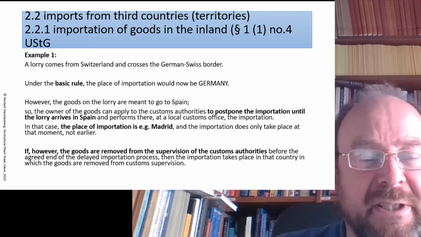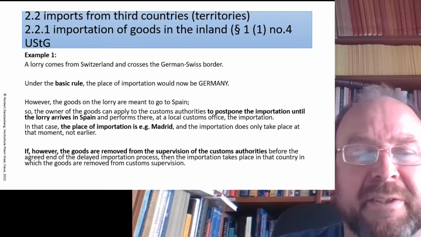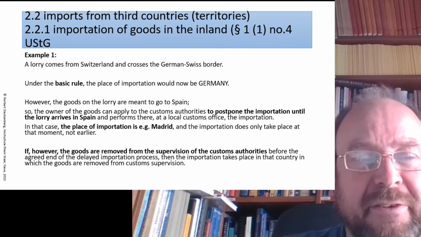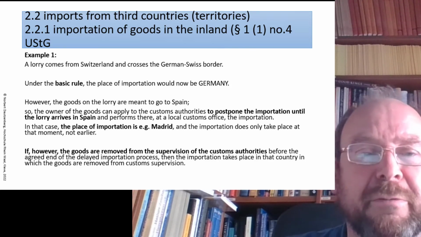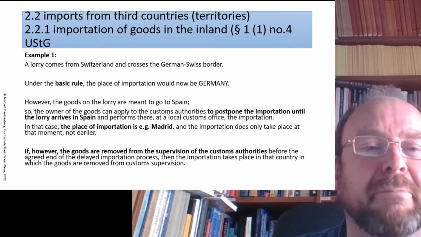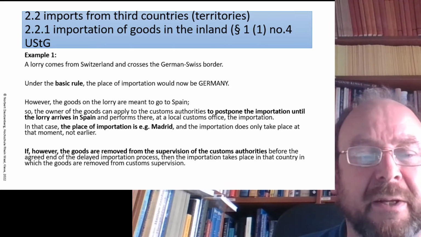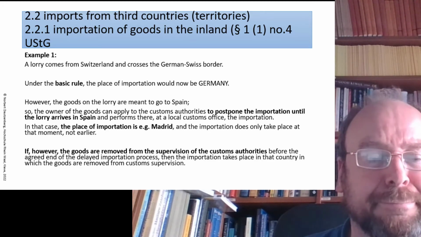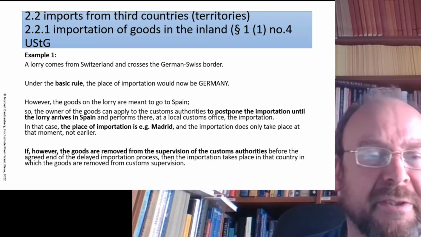The only exception is if during such, let's say, such a special agreement with the customs authorities during the transport over EU territory in a non-imported status, these goods are removed from the supervision of the customs authorities.